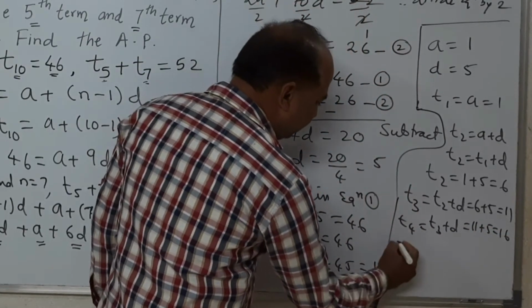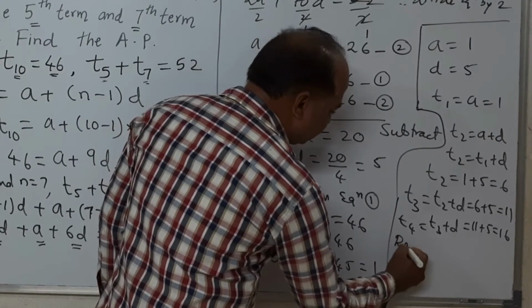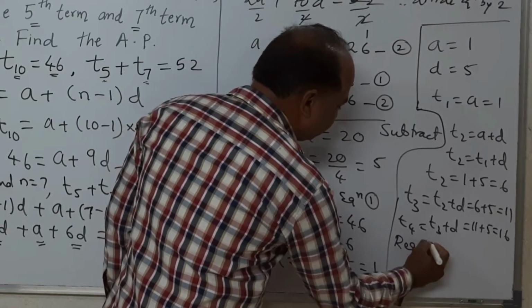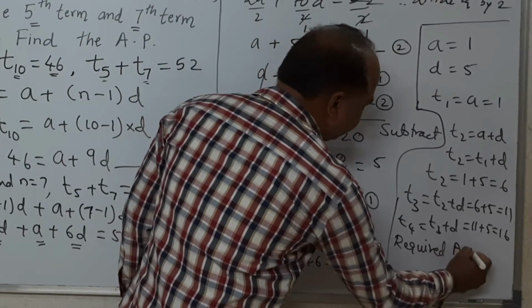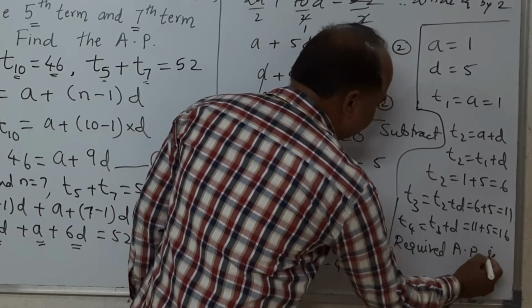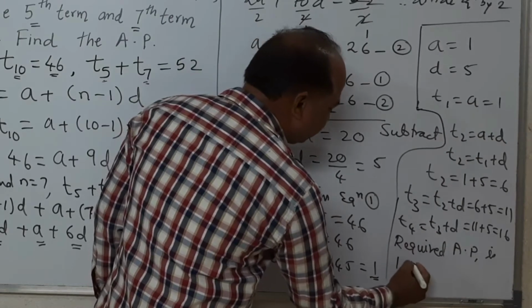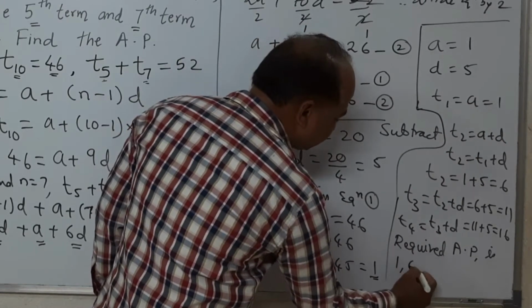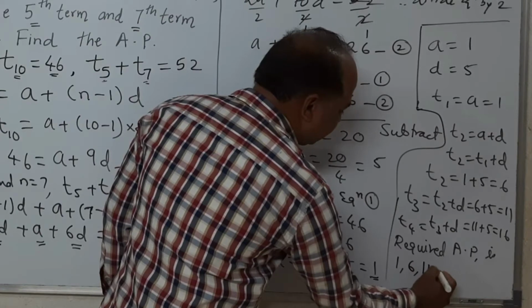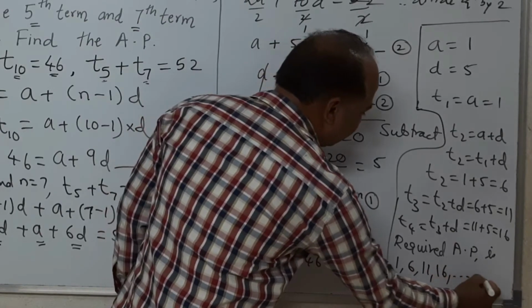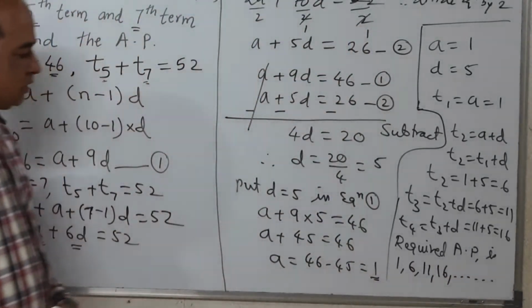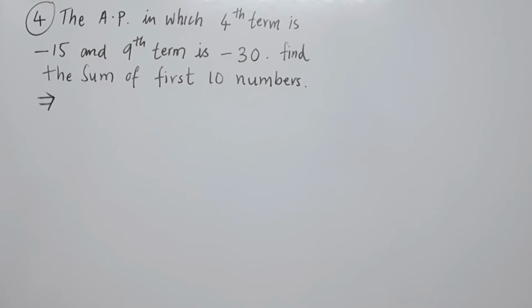So the required arithmetic progression is: the first term is 1, second term 1 plus 5, that is 6, 6 plus 5 is 11, 11 plus 5 is 16, and so on.